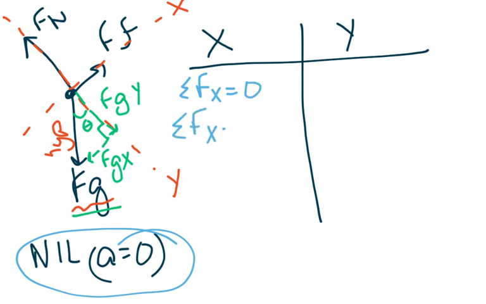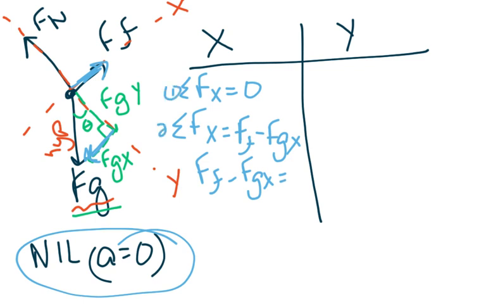The sum of the forces in the x direction are also equal to everything on or parallel to my x-axis. So that is my frictional force going up the ramp minus my horizontal component of gravity that is directed down the ramp. So just like before, I can set those equal to each other.